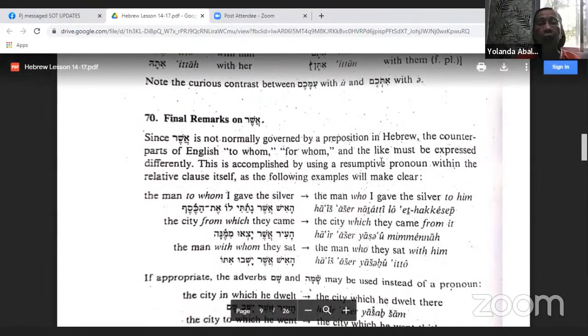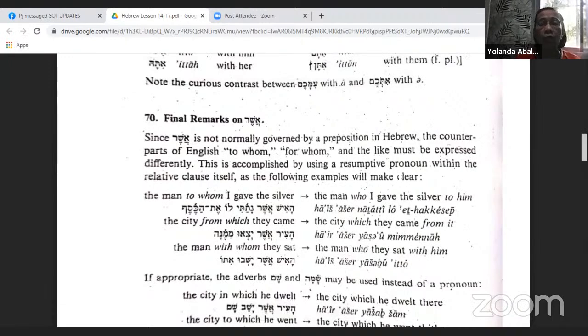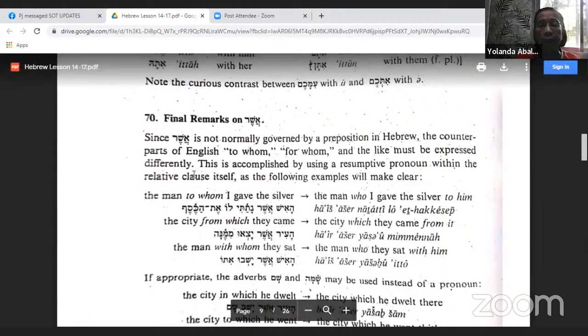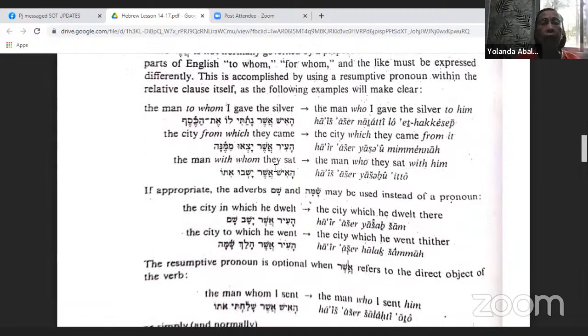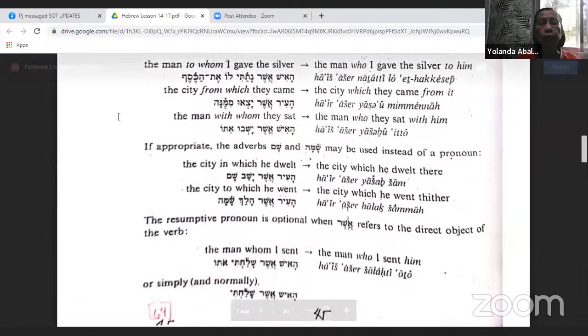This is accomplished by using a resumptive pronoun within the relative clause itself, as the following examples will make clear. Here we go.